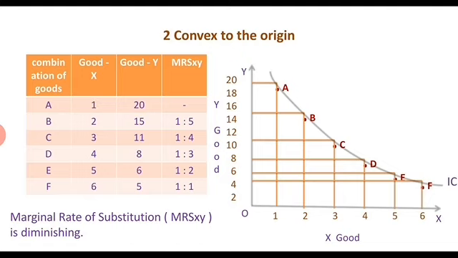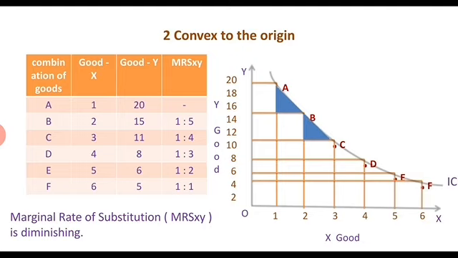The indifference curves are convex to the origin. In this diagram, the IC curve is convex to the origin because the marginal rate of substitution is gradually diminishing.